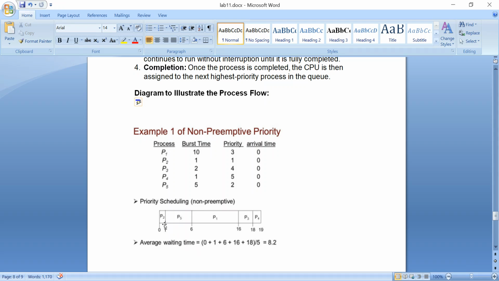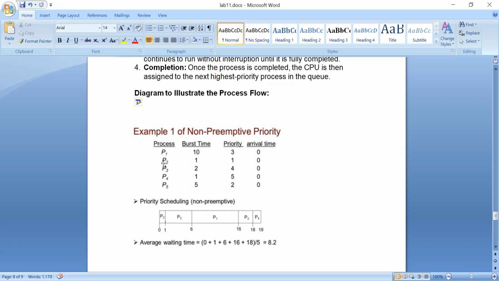The average waiting time is the interval time between these processes. So 0 plus 1 plus 6 plus 16 plus 18, and we have 5 processes, so divided by 5 it is 8.2, the average waiting time for the processes.